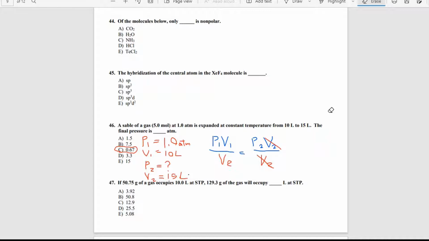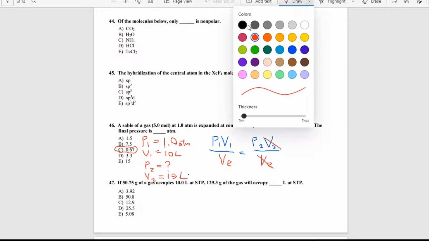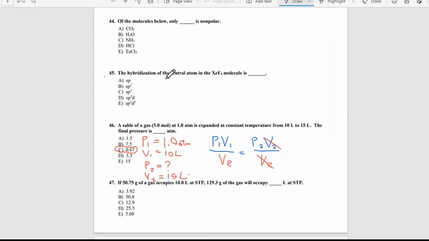Let's go over it, and let's just review the steps. Some of you may already know this, but for those of you who don't, this will be helpful. The first thing you want to do is count the total number of valence electrons. Xenon's a noble gas, so it should have 8 valence electrons.